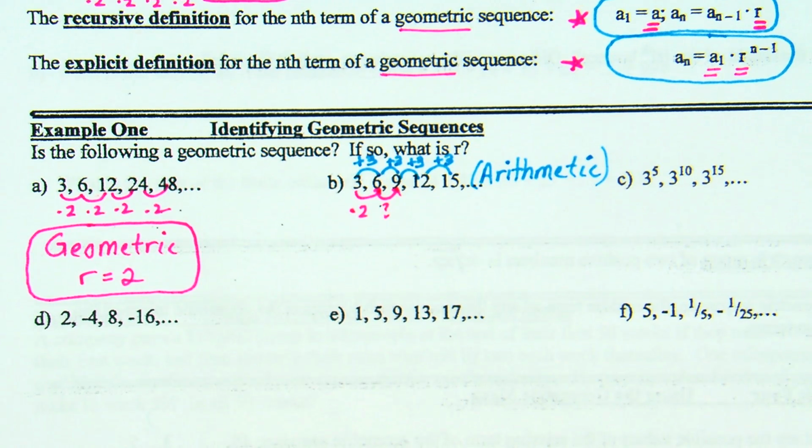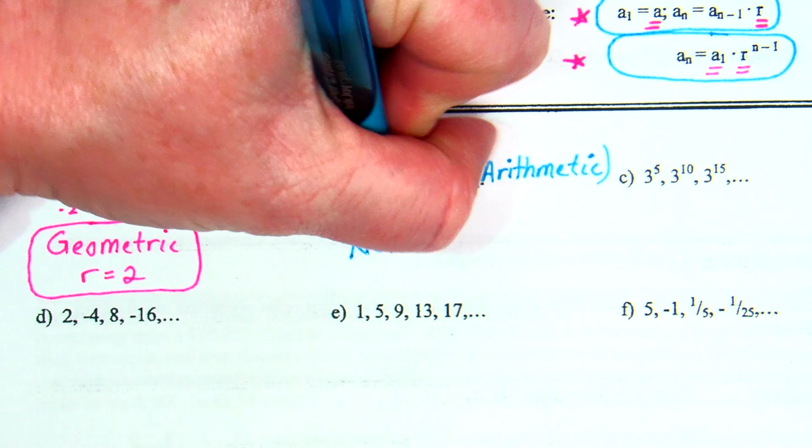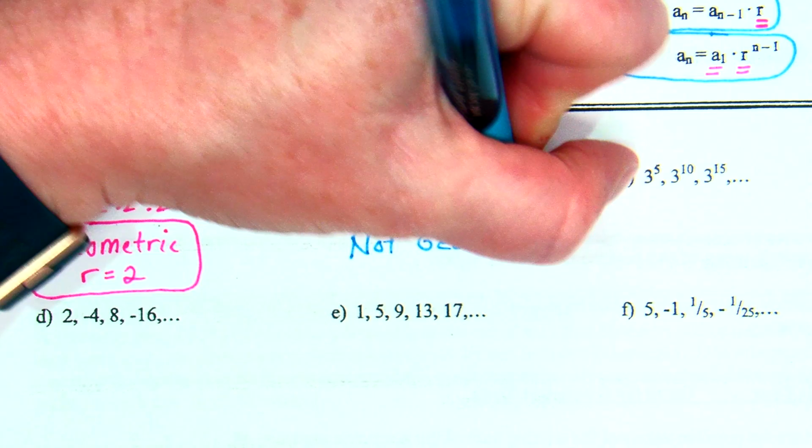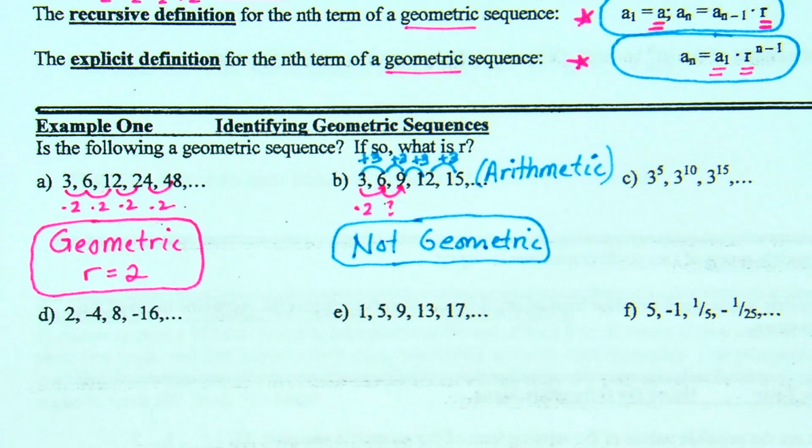Now I can officially say this is not geometric. So check your multiplication. You check the first one. If the next one doesn't work, it would have to be 6 times 2 is 12. That skips over 9, so that doesn't work. So this is not geometric. Maybe a little overkill on my part, checking the geometric part after we discovered it was arithmetic, but I want you knowing what to look for.